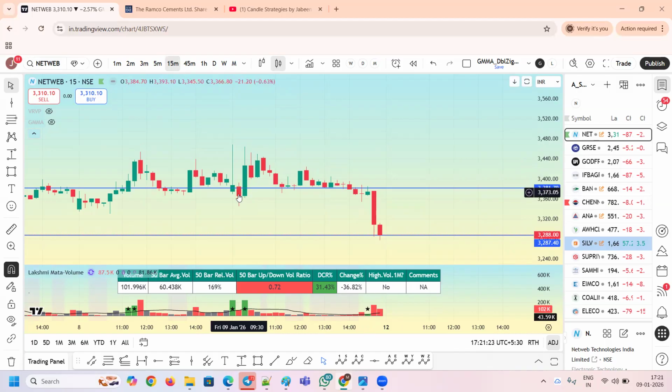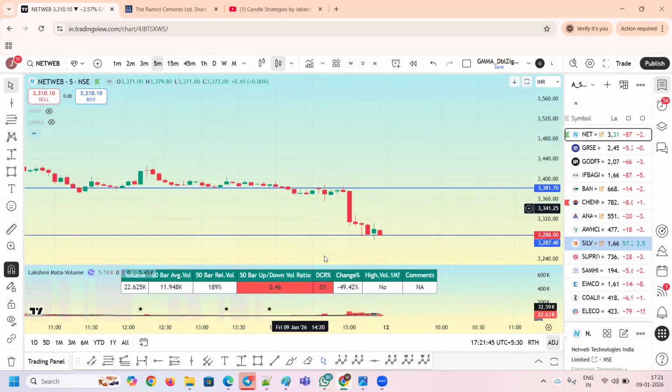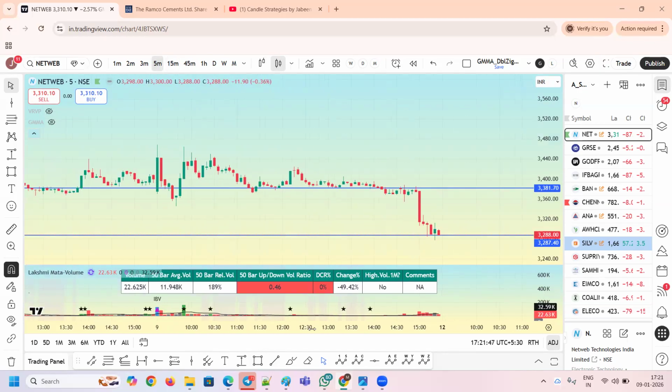And one red. So here we cannot make it out with 15 minutes, correct? This is not a clear indication. Actually, once there is a big wick and a red candle, it should move down, but it is moving up. So these things we cannot make out. Then what we can do is see whether we can do it with the 5 minute candle.